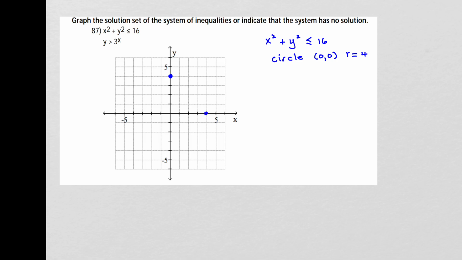So I'm going to mark 4 units from 0, 0. And because it's less than or equal to, it's got the equal to in there, we're going to use a solid line.